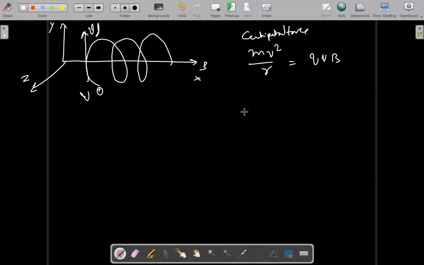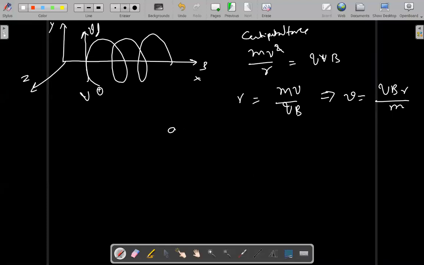From here you will get r is equal to mv divided by qB, since one v gets cancelled. In other words, v is equal to qB into r divided by m.